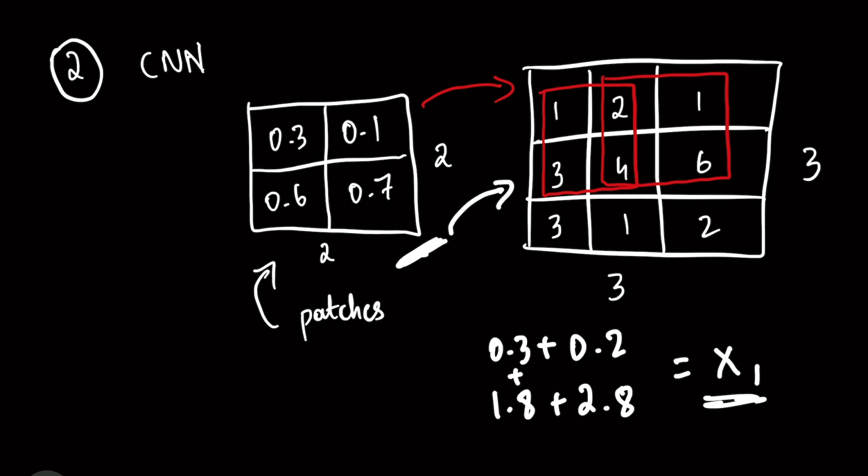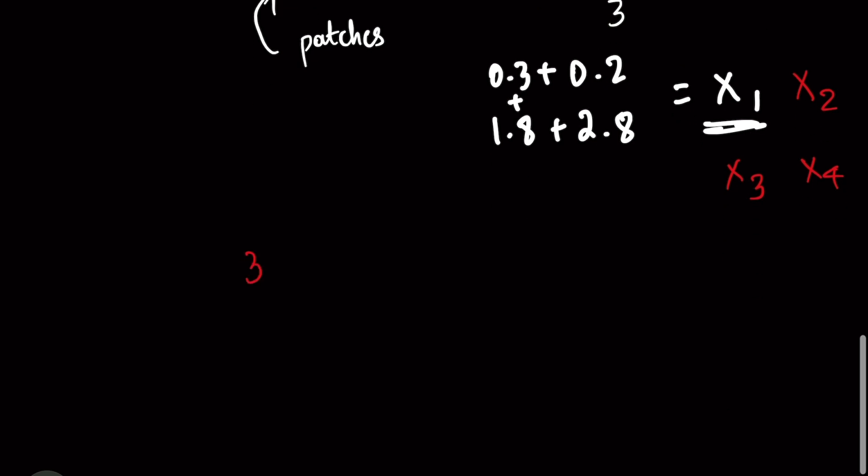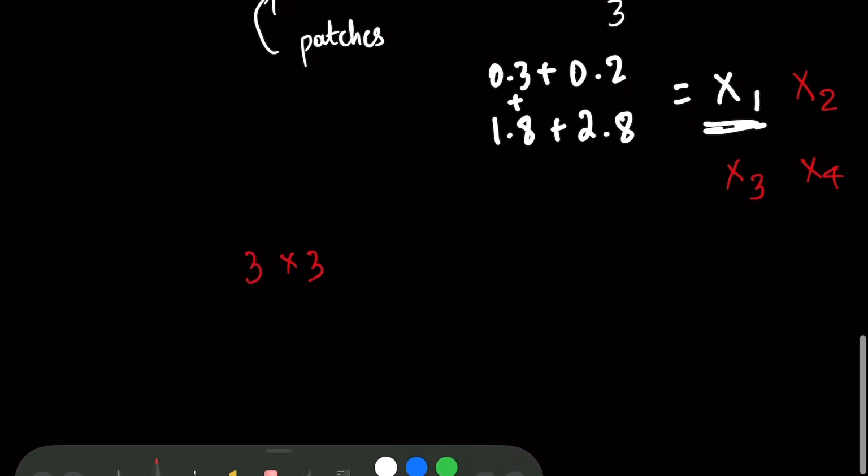It analyzes that patch and gives you another value, x2. Since this part is done, it has nowhere to go right, so it comes one step down. It goes to the bottom left, analyzes it, and gives you x3. And again, similarly, it would move one step to the right and give you x4. So what essentially has happened is we went from a 3 by 3 image.